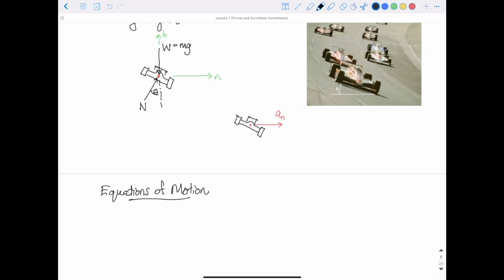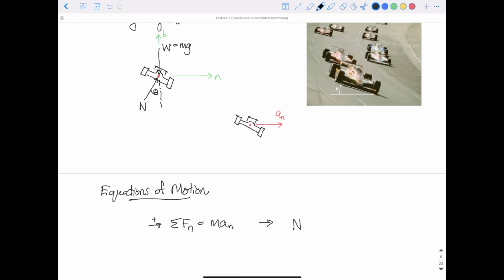So let's start with our forces in the normal direction. And as we've drawn it up above, this is our positive direction. So they're equal to our mass times our normal acceleration. The only force we have acting with a component in that normal direction would be our normal force times the sine of the angle between that and the vertical.